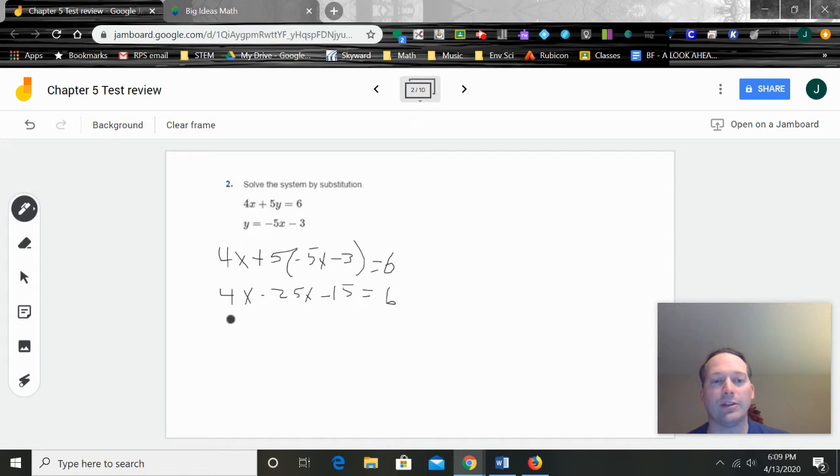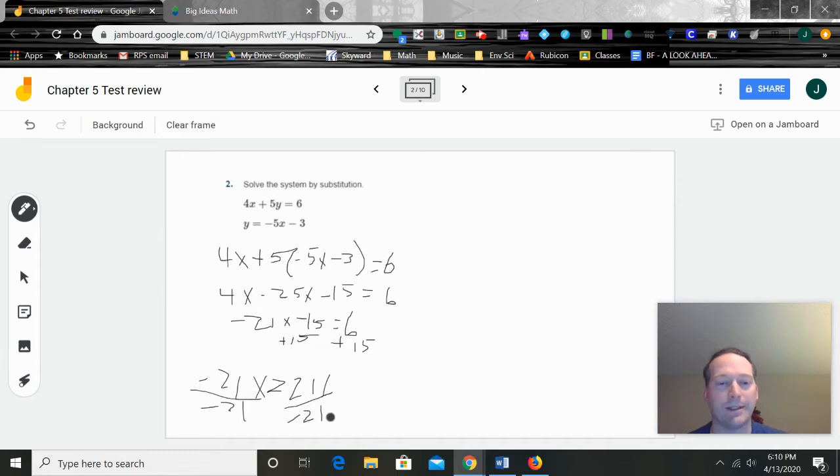Go ahead, combine like terms, and 4x minus 25x is negative 21x minus 15 equals 6. Okay. Add 15 on both sides. We get negative 21x equals 21. Oh, I'm sorry, equals 21, not 21x. Divide both sides by negative 21.